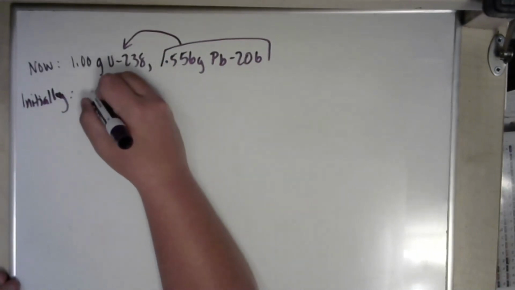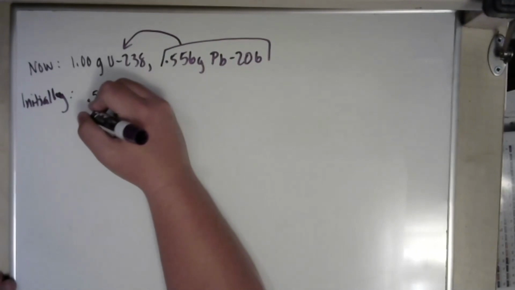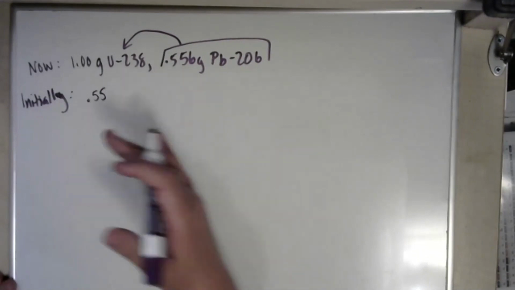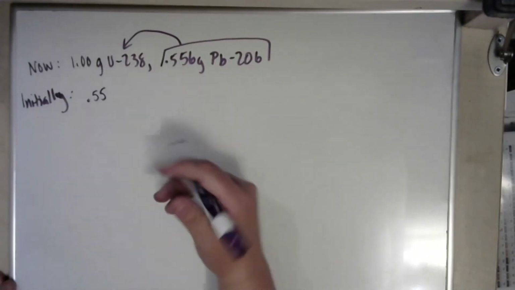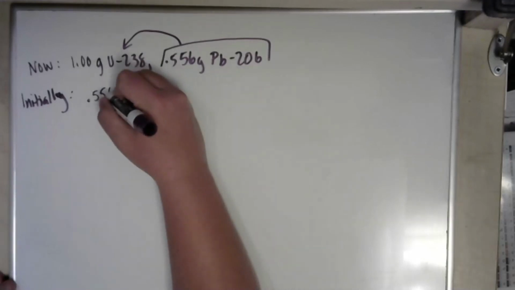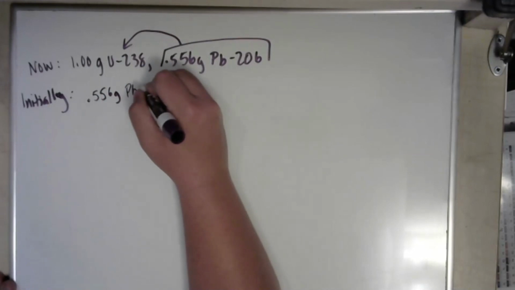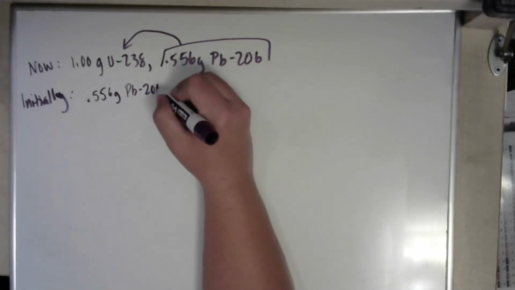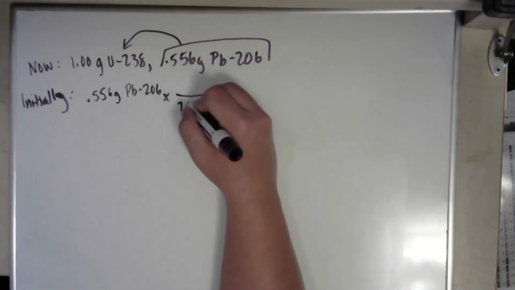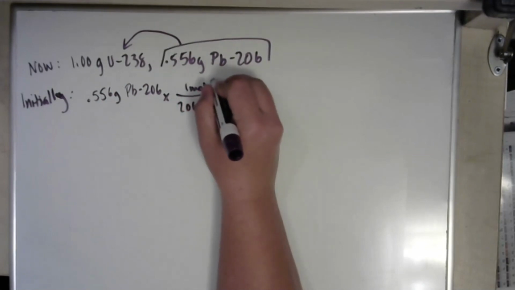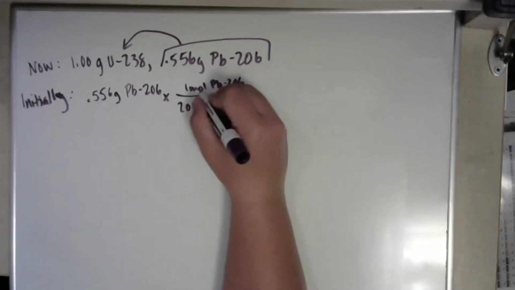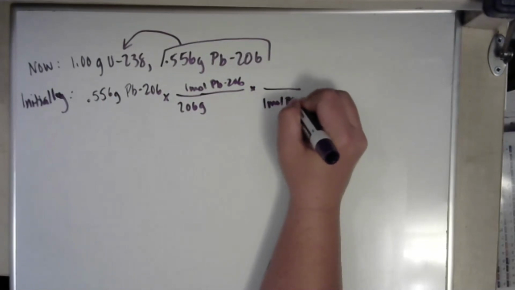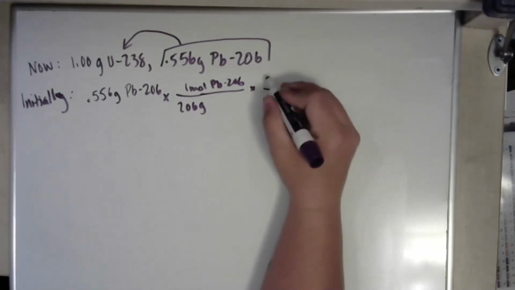We've seen from some of our nuclear reactions already that when we're going from one isotope to another, there's a 1-to-1 ratio mole-wise. So if we have 0.556 grams of Pb-206, first we can convert that into moles using the mass of the isotope. There's going to be 206 grams in every 1 mole. And for every 1 mole of Pb-206, there's going to be 1 mole of uranium-238.